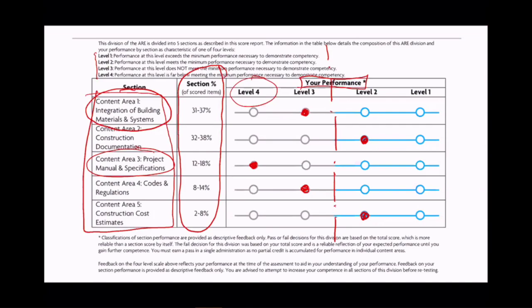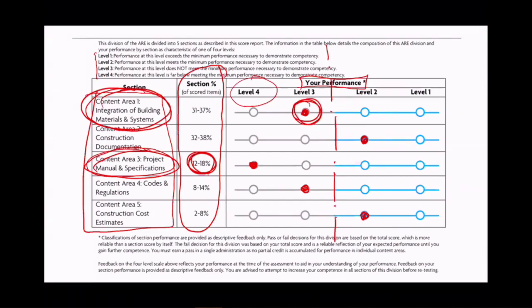So, what do I mean by that? Well, okay, it looks like you did really poorly in content area 3, but content area 3 only accounts for about 13% of the total questions in the exam. Meanwhile, you also did pretty poorly on content area 1, not as badly.